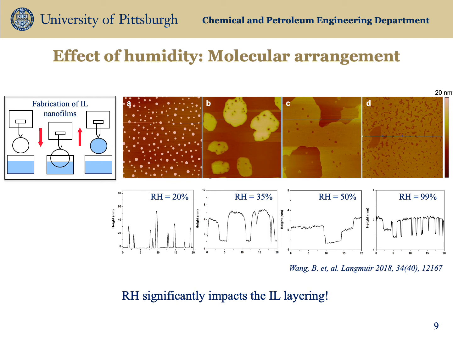When the relative humidity is low, we observe tiny droplets of ionic liquids, or dewetting. As the relative humidity increases, we started to observe more and more layering of ionic liquids, especially when the relative humidities are higher. These AFM results demonstrate that the relative humidity significantly impacts the layering of ionic liquids.